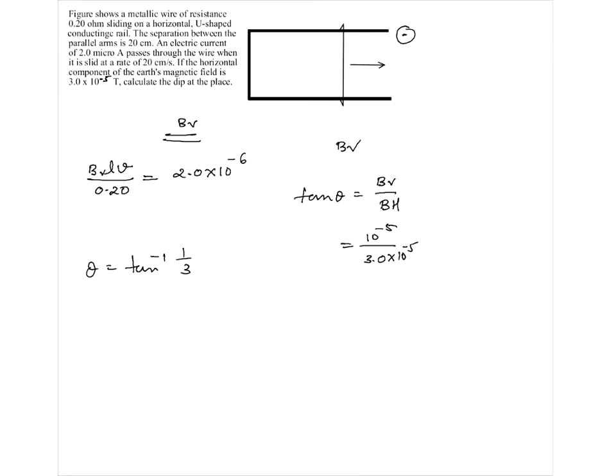Take the resistance of the rail to be 0. And that means for the whole circuit, the total resistance will be 0.2 ohm.